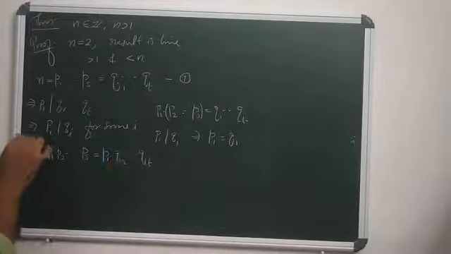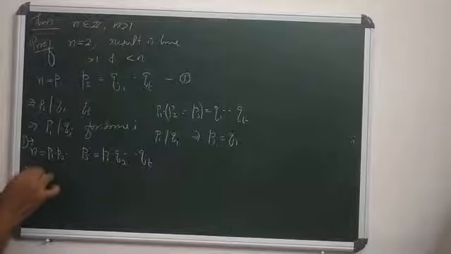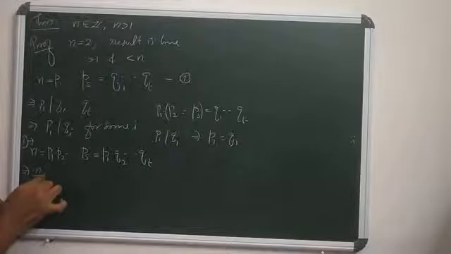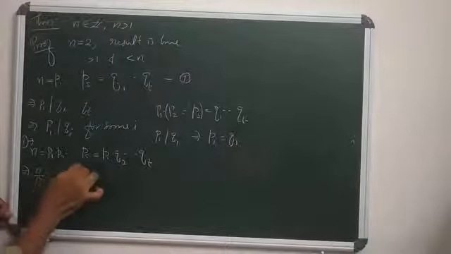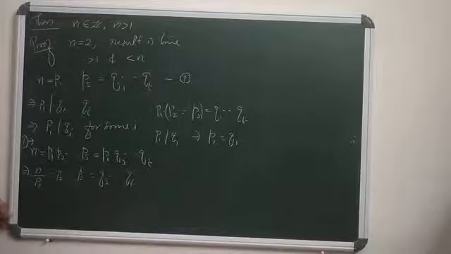This can be rewritten in this way: n by p1 equals p2 into etc. into ps equals q2 into etc. into qt. Means you can divide throughout by this p1. So n by p1 equals p2 etc. ps equals q2 etc. qt.